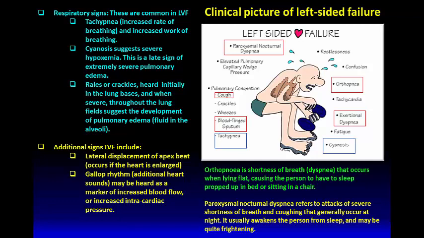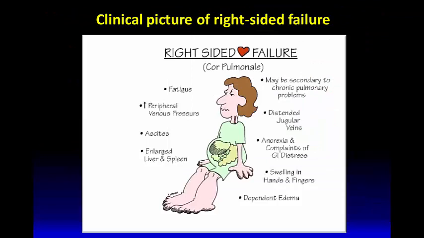Here we have a diagram which summarizes the clinical picture of right-sided failure, and similarly, the symptoms and signs of right-sided failure are the results of the reduced cardiac output of the right ventricle into the pulmonary circulation and the building up of blood in the systemic veins and the systemic capillaries.